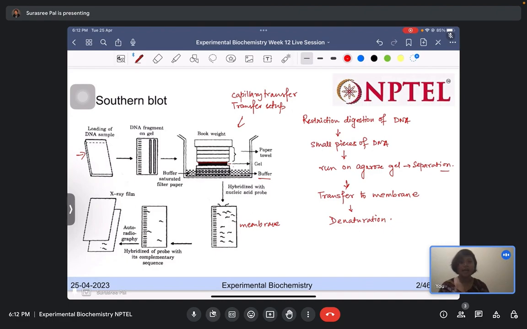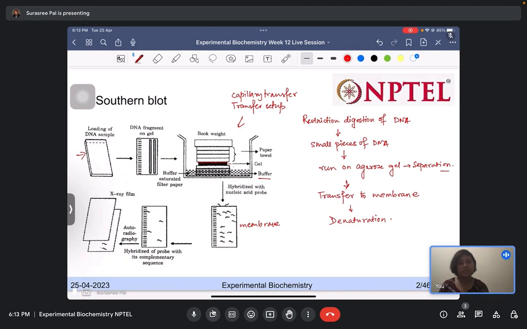Now for this hybridization to occur, you know that these two DNA pieces have to be single stranded, because if the DNA sample on the membrane is double stranded, then of course this process will not occur, hybridization is not possible in that case, right?